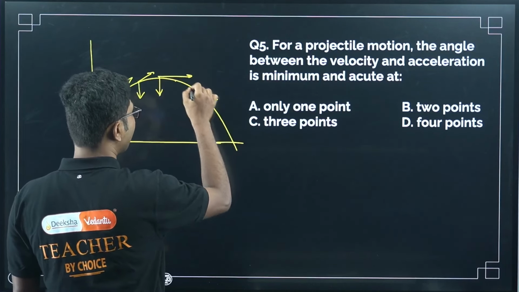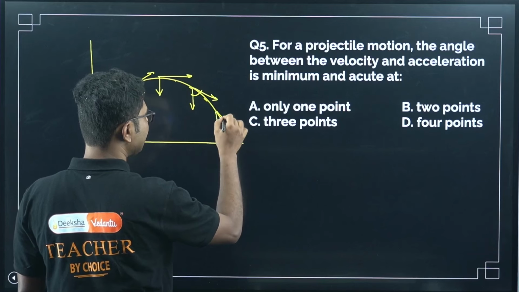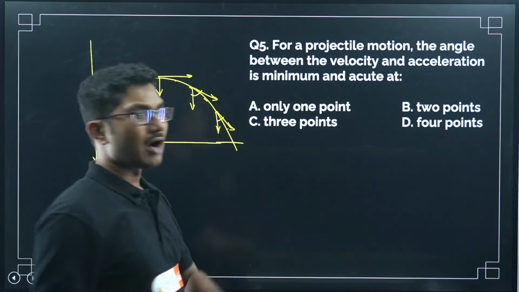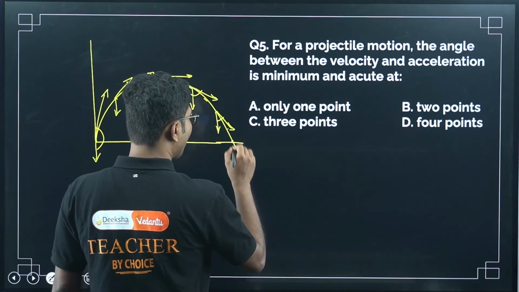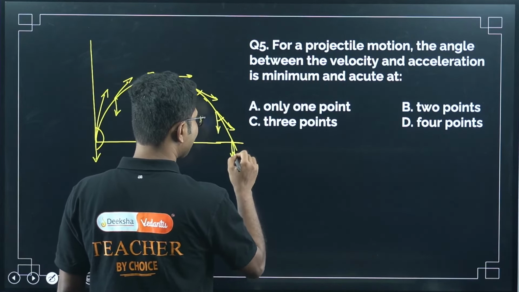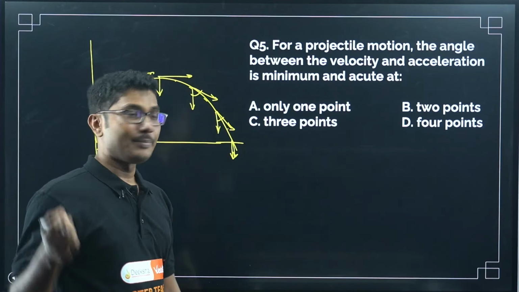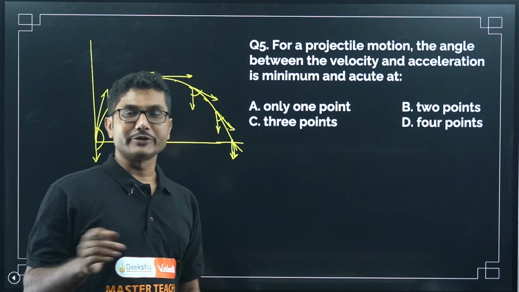For any points on this side, velocity is in this direction, acceleration is in this direction, so this angle is acute. So in the second half of the journey the angle is acute, but it is minimum when it reaches the last point just before touching the ground. At that point the angle between velocity and acceleration will be minimum. All other points it will be slightly more.